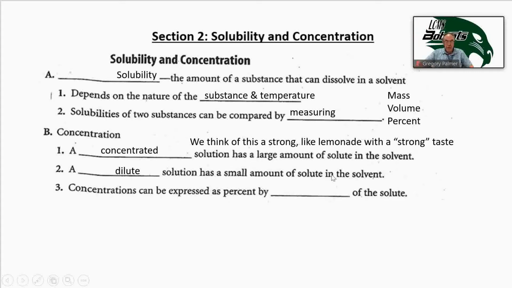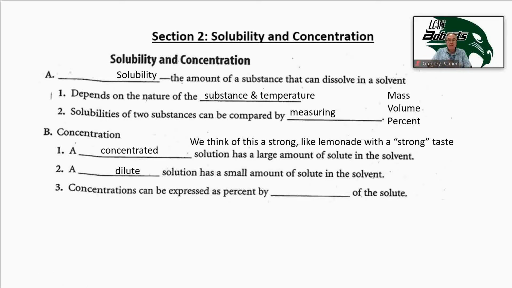If you're making powdered lemonade and the directions say to put 2 tablespoons of the powder in a glass and you put 4 in there, we would say it's concentrated, it's got a lot of flavor. If you don't like it so lemony and you only put 1/2 of a tablespoon in there, we would say it's diluted.